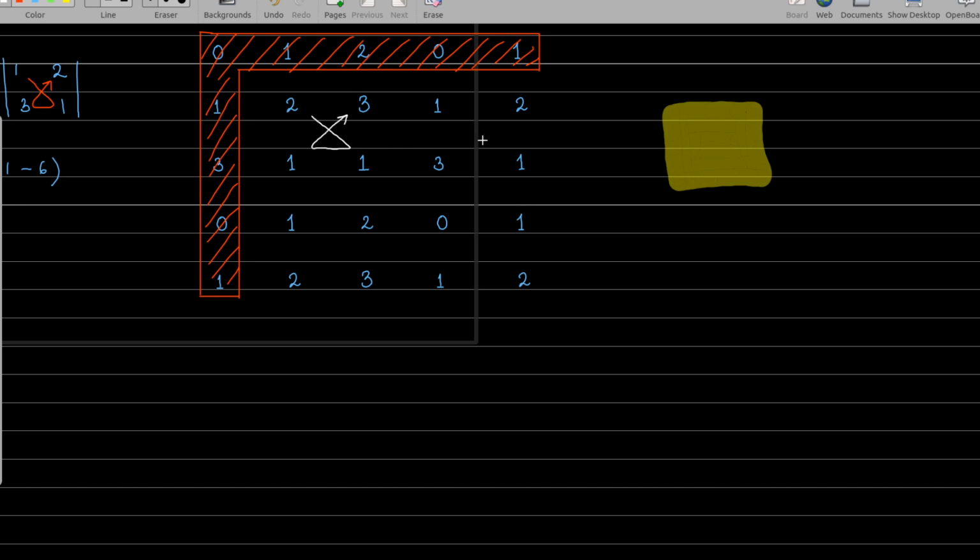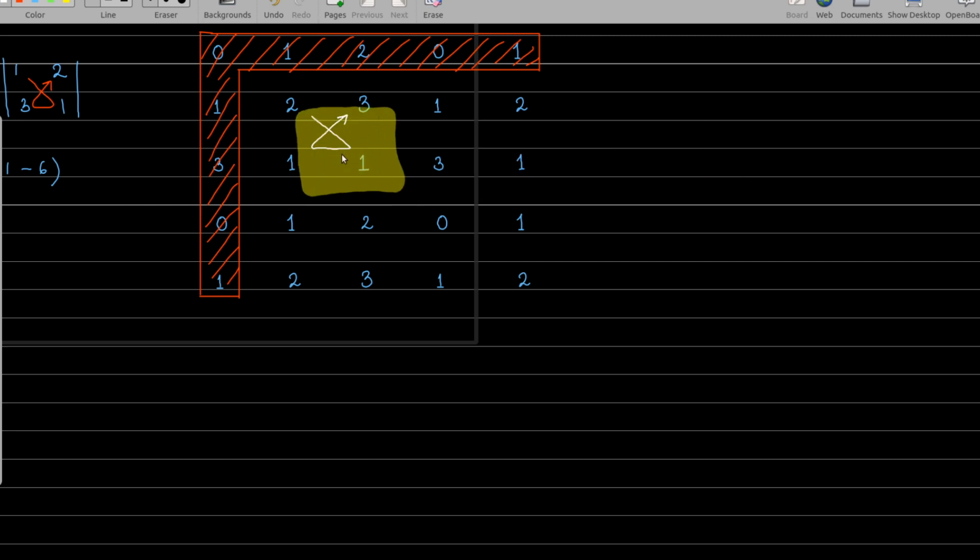So 2 times 1 is 2, minus 1 times 3 is 3. So 2 minus 3 is minus 1.